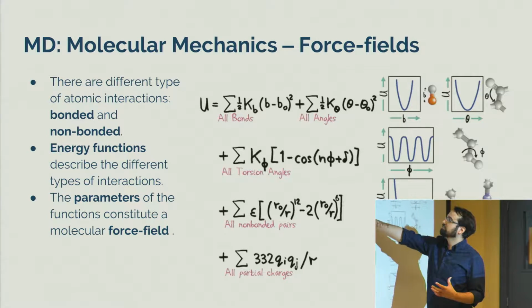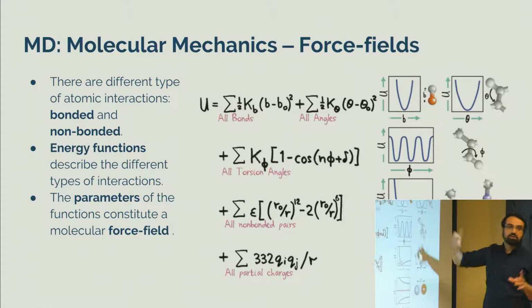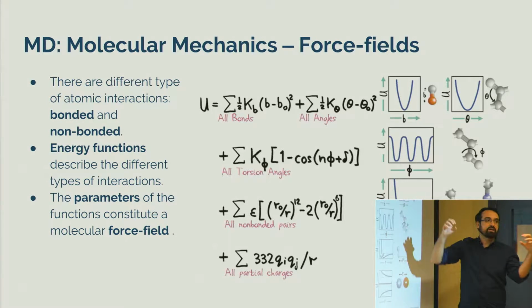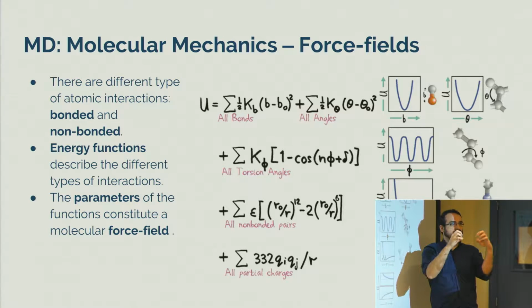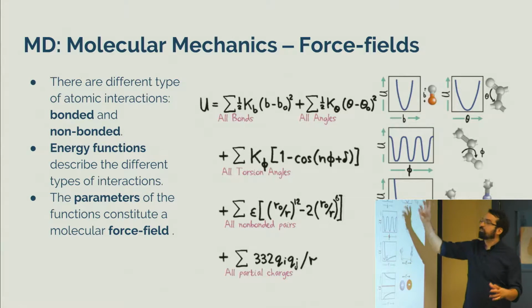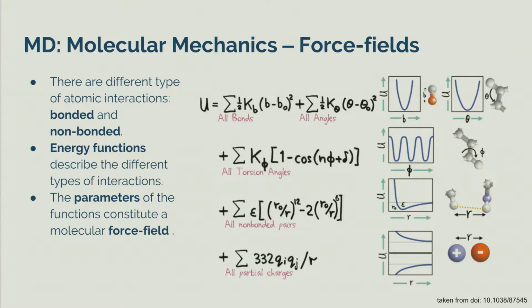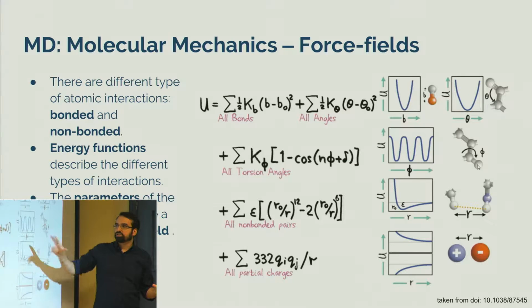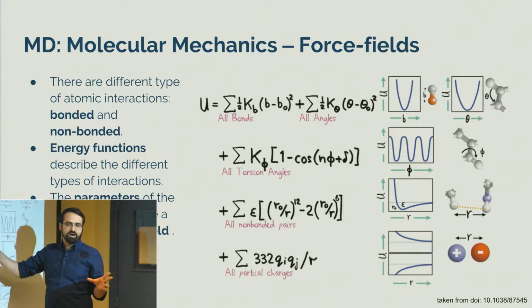You have bonds, which are connections between two atoms. You have basically a harmonic term that describes how this bond vibrates. You have angles as well, involving three atoms, and you see how this angle varies, as well as torsional angles, which involve four atoms.